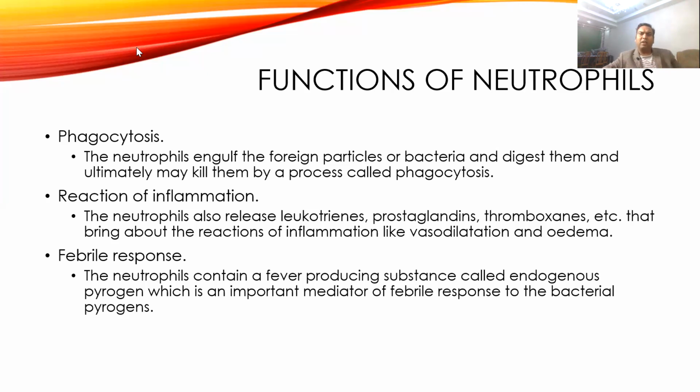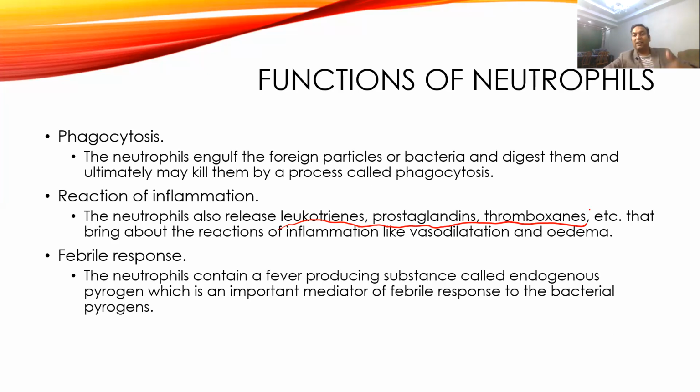And once the neutrophil participates in this, it will also release various inflammatory chemicals, and those are leukotrienes, prostaglandin, and thromboxanes. And these are responsible for the very important inflammatory reaction. That is, they cause severe vasodilation.